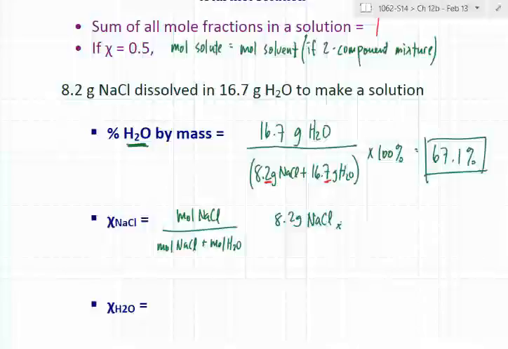So if you're going grams, how do you get moles? You guys know how to do that. Molar mass, 58.44. Yep. Because that's how many grams there are per 1 mole. You're going to have to do the same thing for the water.